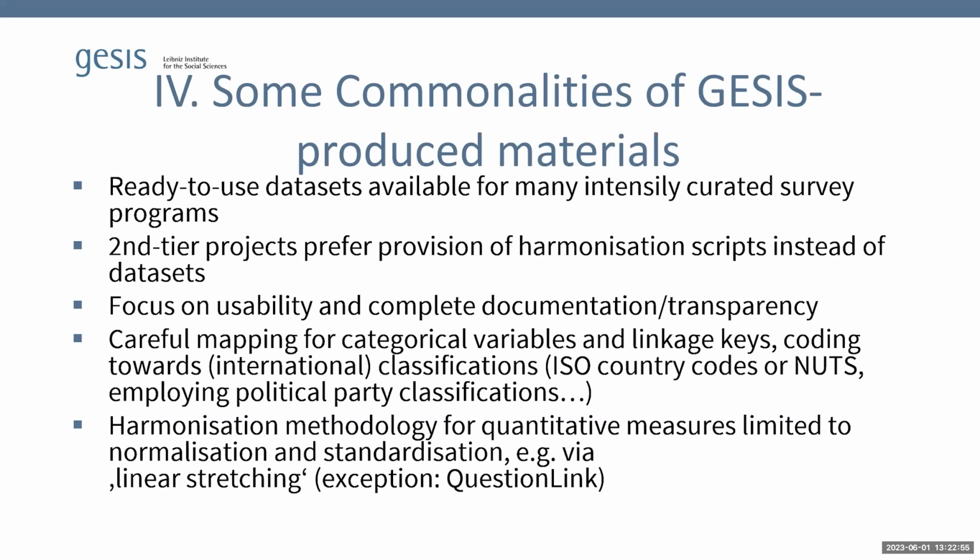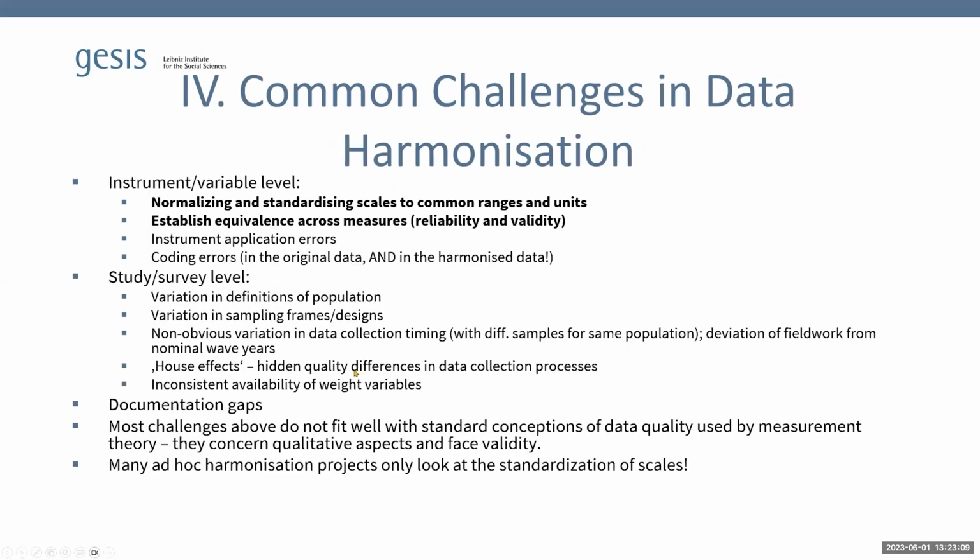That's not what usually happens in the data we provide, but it's more in the range of harmonizing scales in a very technical sense, adapting codings and ranges, etc. That's also where sometimes the challenges lie if we look at these data, and we will come to some of these in a minute.